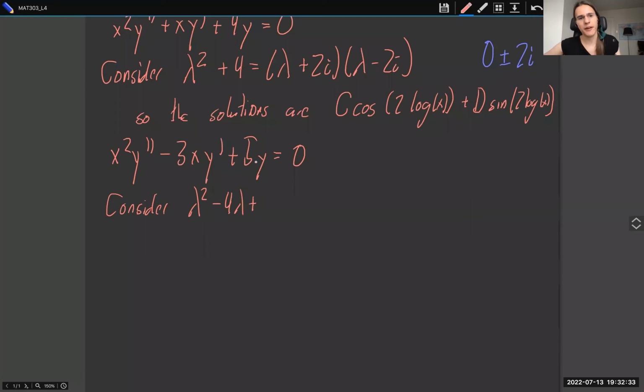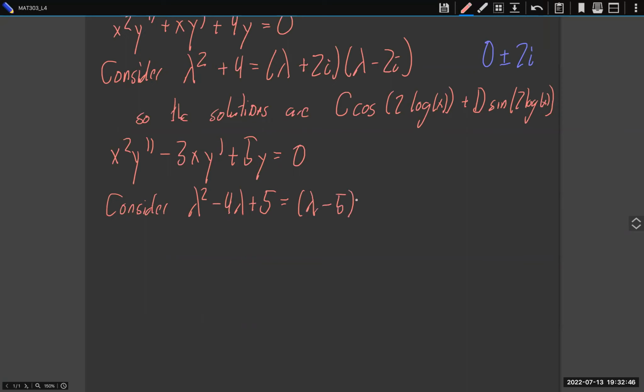That's 5 that I wrote. Oh, 5. Okay, so plus 5. And do you see how I can factor that? Would it be lambda minus 5 plus 1? Yeah. So we want the 5 to be negative because that gives us the minus 4 lambda, and then we want the 1 to be positive. So that's right.